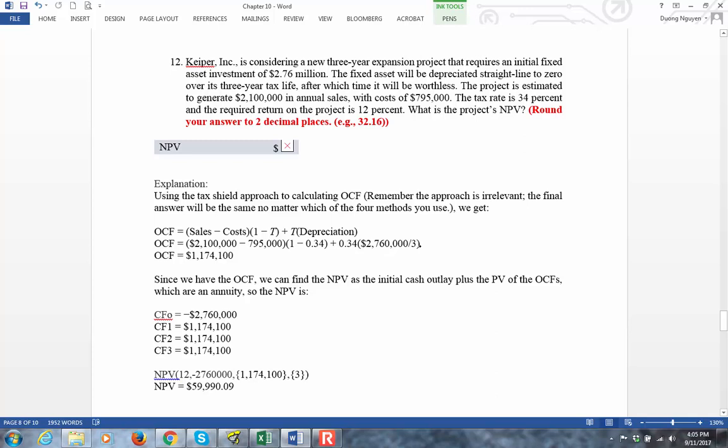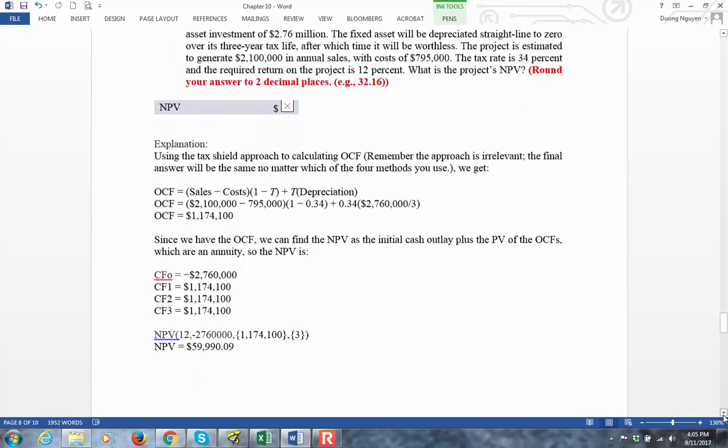That is the amount of depreciation, because this is straight line depreciation to 0 over 3 years. So each year depreciation is equal to $2,760,000 over 3.